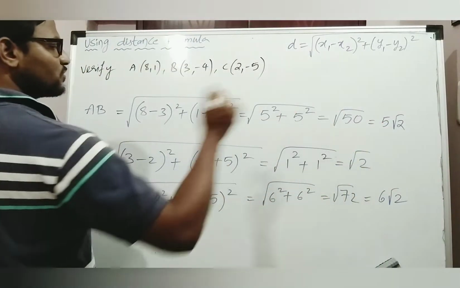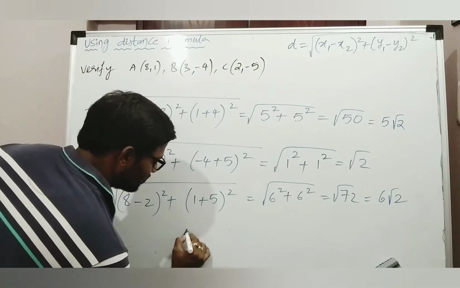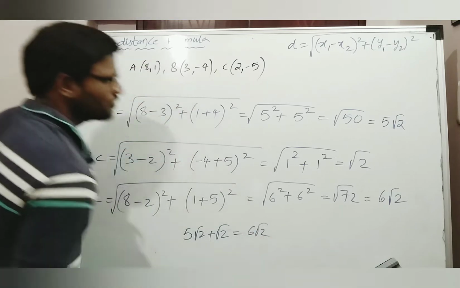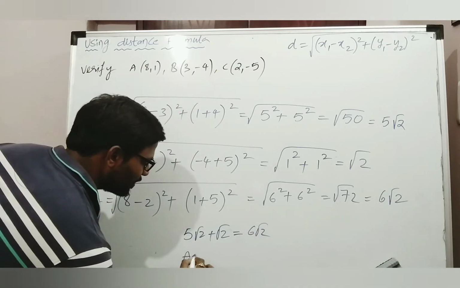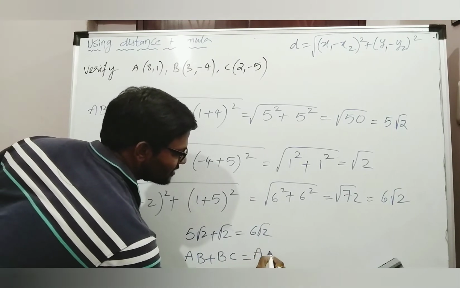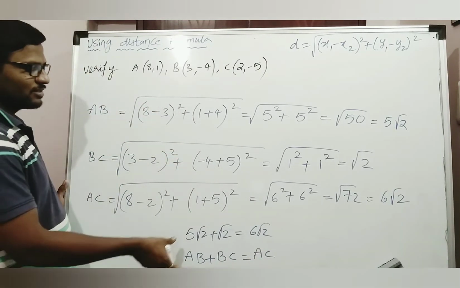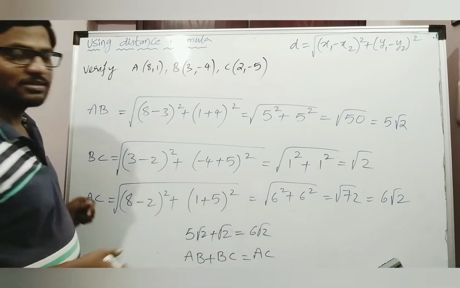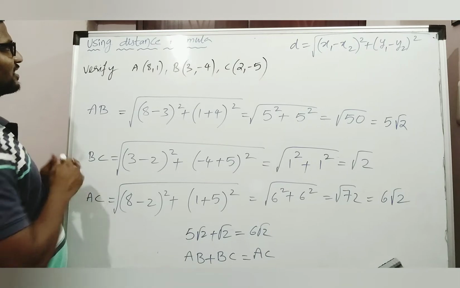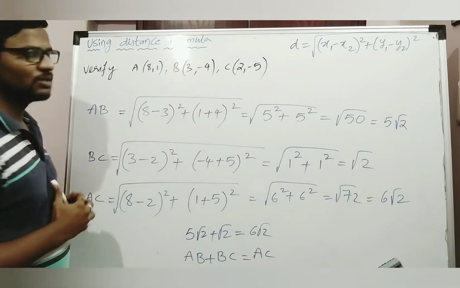See, 5 root 2 plus 1 root 2 equals 6 root 2. That means AB plus BC equals AC. So the sum of two lengths equals the length of the side AC. So what we can say here, A, B, C are collinear.